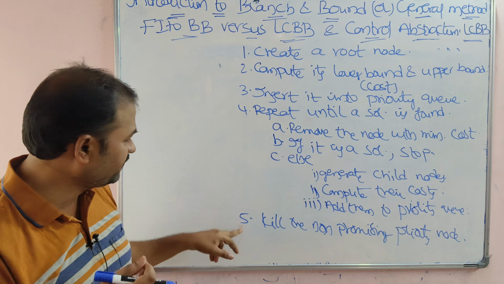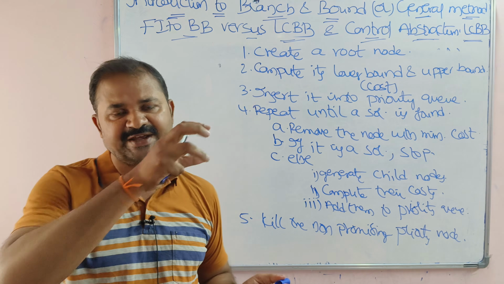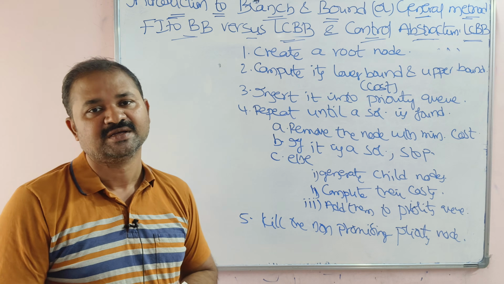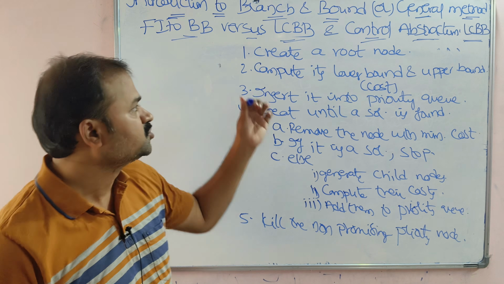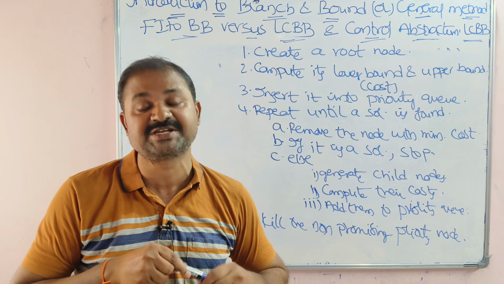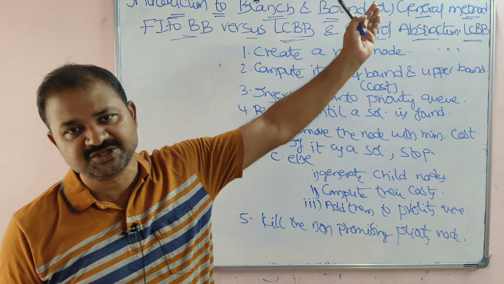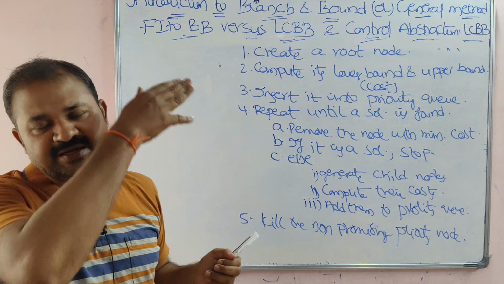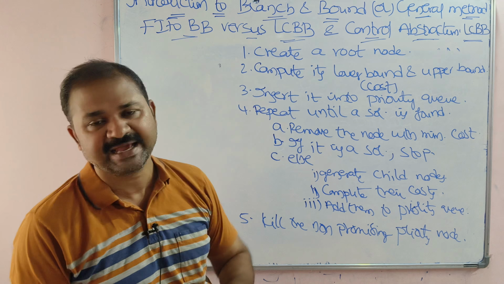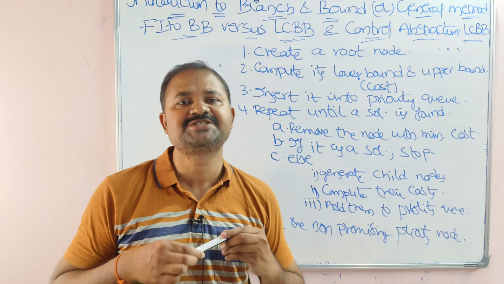Last step, the fifth step, kill the non-promising nodes. If a node is not giving the best solution, we have to kill that node. So this is the control abstraction for least cost branch and bound. This is about the introduction or general method of branch and bound, the distinction between FIFO and LC, as well as the control abstraction for least cost branch and bound.